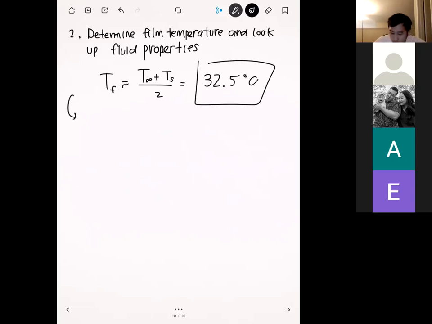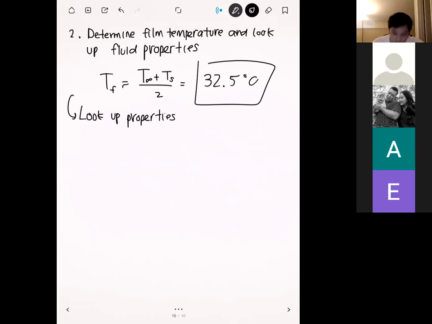And now that we have the film temperature, we can look up the properties either in a table or, honestly, for the homeworks, what I did was I just searched up properties of air at so-and-so temperature. Right? Okay.